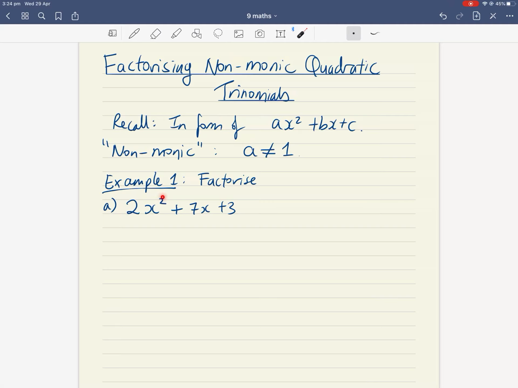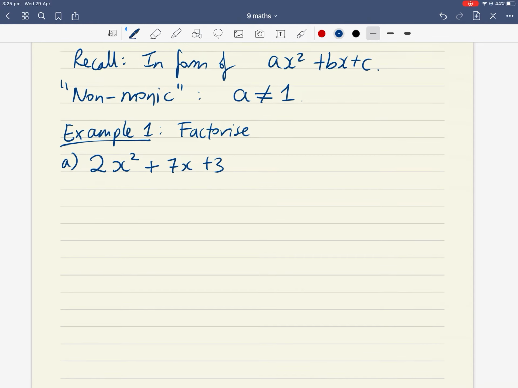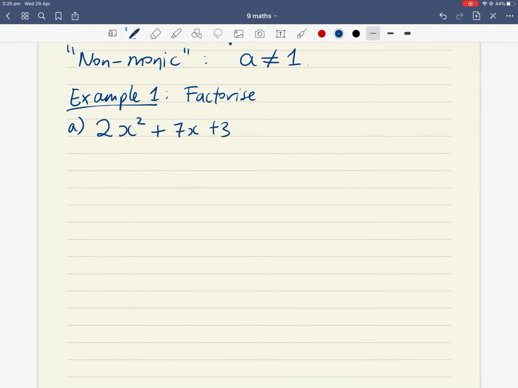It doesn't go any higher. It's non-monic because the coefficient of x squared, the highest power, is a 2. It's not a 1. And so our goal is to write it as equal to brackets, so that when we expand the brackets, we can get back 2x squared plus 7x plus 3.